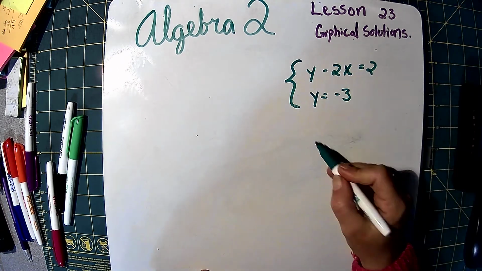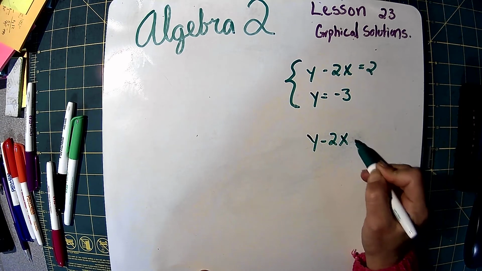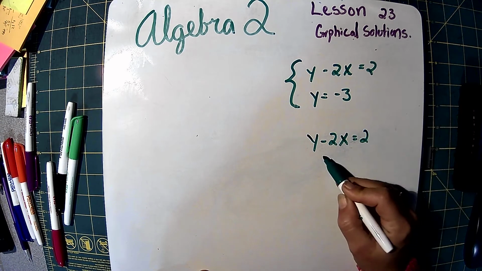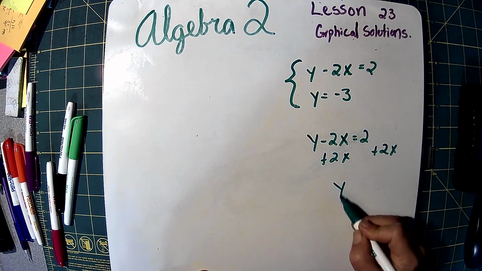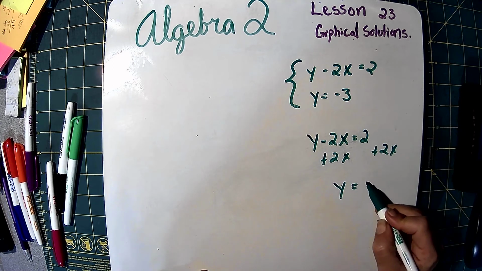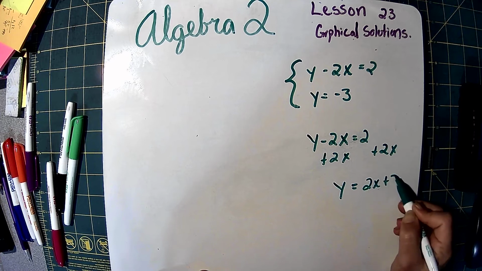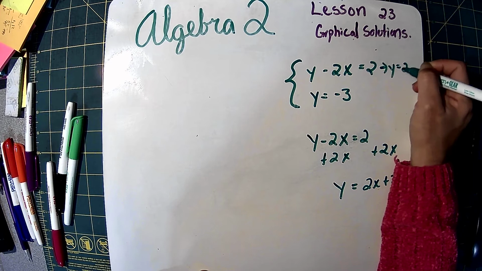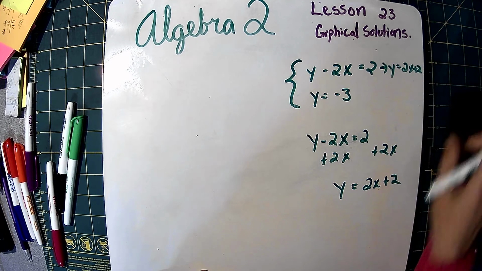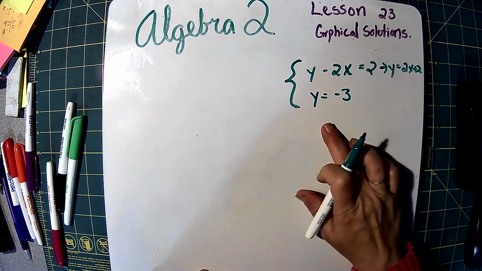Start over. y minus 2x equals 2. So we're going to do plus 2x on both sides. And we're going to get y equals 2x plus 2. So that's this one. And that one's already set up properly.